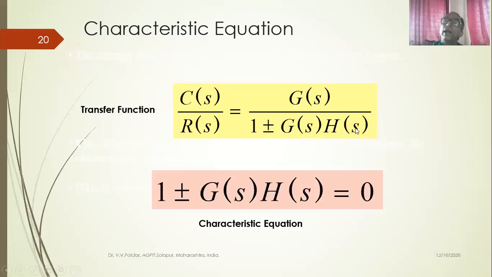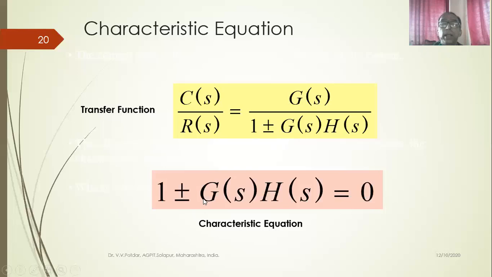When I put it in the block diagram and simplify it, I'll get the transfer function, where G(s) is the representative symbolic forward block element transfer function, and H(s) corresponds to the feedback element transfer function. When we actually solve the problem, I'll have maybe s plus 1 divided by 1 plus or minus (s plus 1) into (s minus 2). When I equate this denominator to 0, that becomes the characteristic equation, as I said.